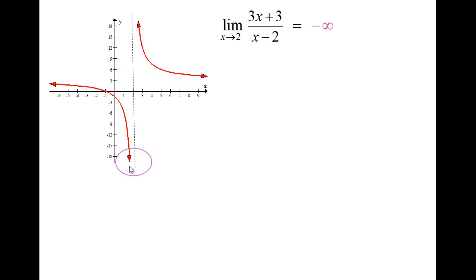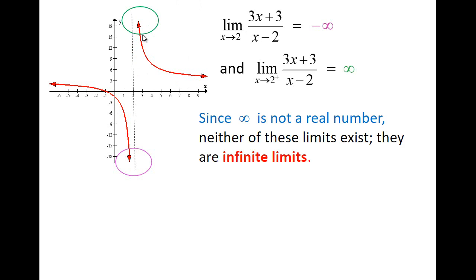So here you can see that the limit of the function is negative infinity at 2 from the left, and the limit at 2 from the right is positive infinity. So since infinity is not a real number, neither of these limits exists. We call them infinite limits.